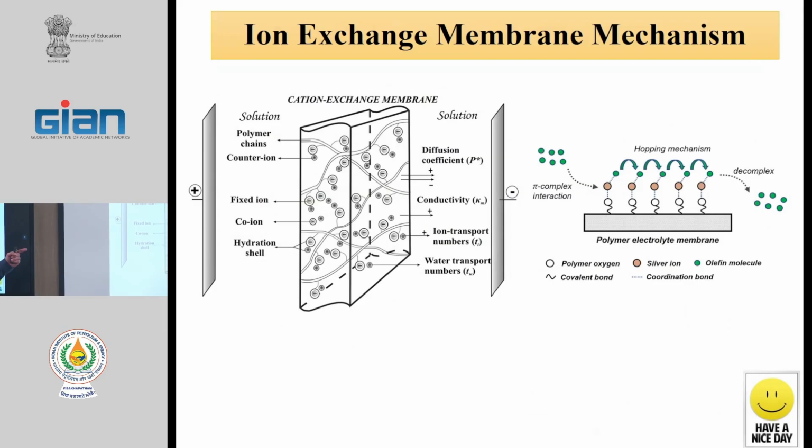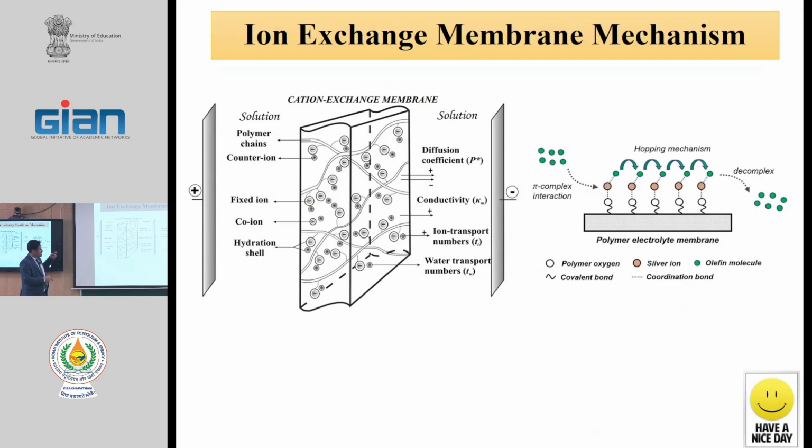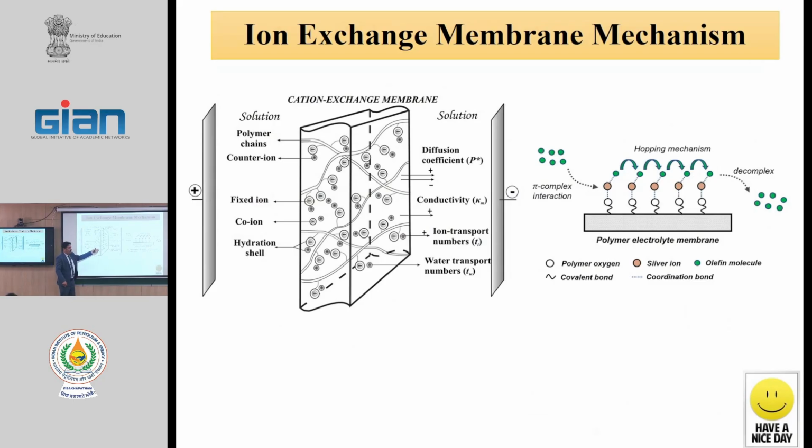For this movement from left to right, we need a driving force, and this driving force is electrical charge. In these membranes, we have electrodes. If we want cations to pass through the membrane, we must have a negative electrical field to force the positive charge to go to the negative electrode.